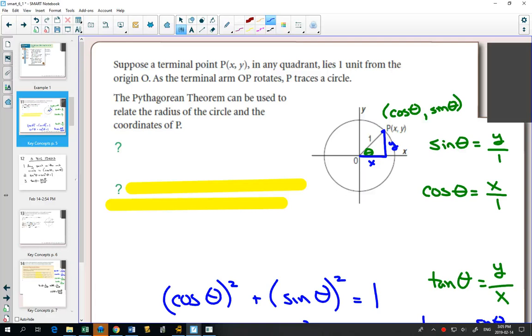Points on your unit circle will always be your x-coordinate, comma, your y-coordinate, and your x-coordinate will be cos of theta, and your y-coordinate will be sine of theta. And with this, your cast rule is explained even further.